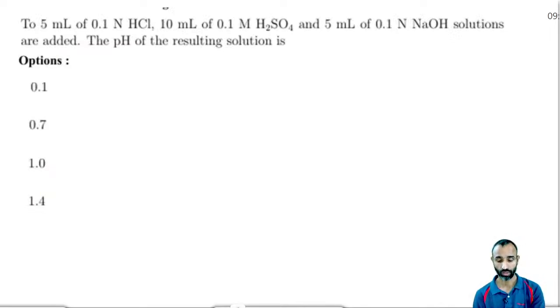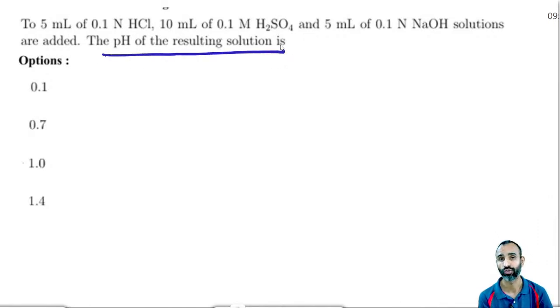So this is a question from a previous exam, I think. To 5 ml of 0.1 normal HCl and 10 ml of 0.1 molar H2SO4 and 5 ml of 0.1 normal NaOH solutions, they are added together. Okay. So what is the pH of the resulting solution?